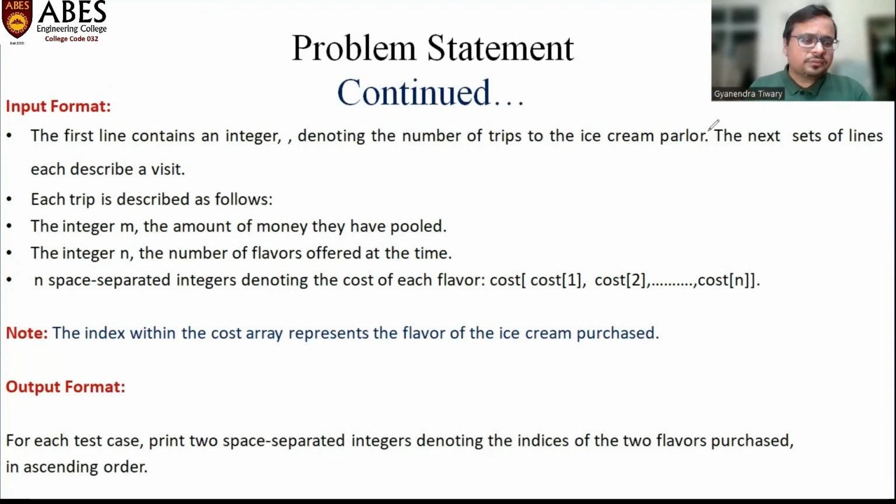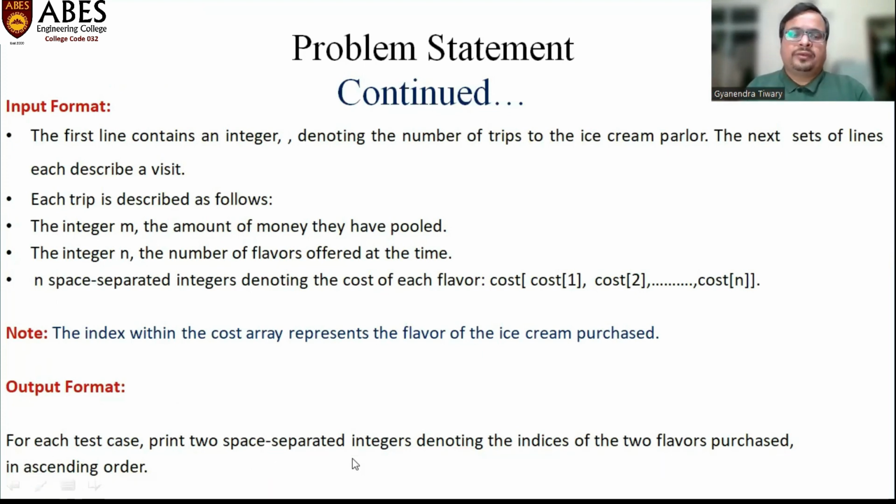Okay, that's cool. So in the output format, it is saying for each test case, print two space separated integers, which will be denoting the indices of the two flavors purchased, right? So we have to print the indices in ascending order.